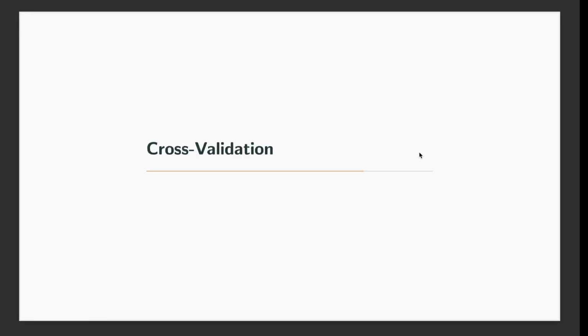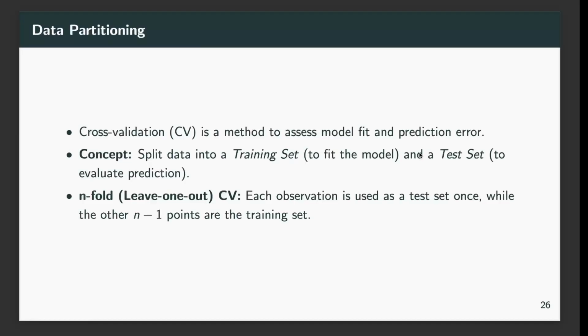So the goal of the cross-validation is to assess how the model will predict new and unseen data, and therefore it will help us to assess the predictive performance. Now, I think this concept is quite familiar to all of you, especially those who have taken my course on data analytics. We talked about this in the earlier part.